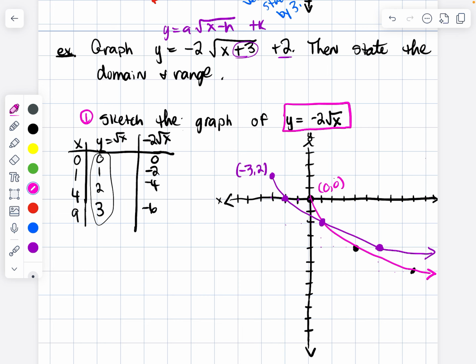So if we were looking at our domain and range, which it asked for, then note how our domain starts right here at negative 3. We note our domain starts at negative 3, and since it's going right, that's where our x values are increasing. So it's from negative 3 to positive infinity.